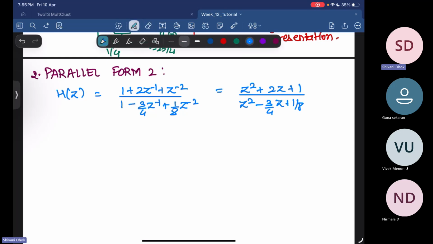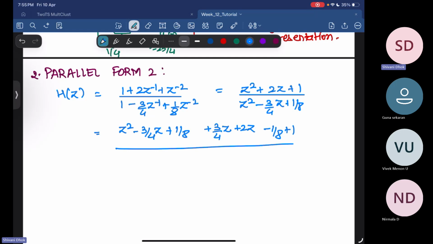So this again I can write as z square minus 3 by 4z plus 1 by 8, plus 3 by 4z plus 2z minus 1 by 8 plus 1, whole divided by z minus half into z minus 1 by 4.